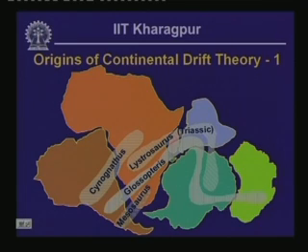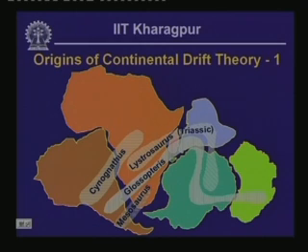So these things give rise to the question of how these plants and animal species could be found in land masses that are separated by vast expanses of ocean.